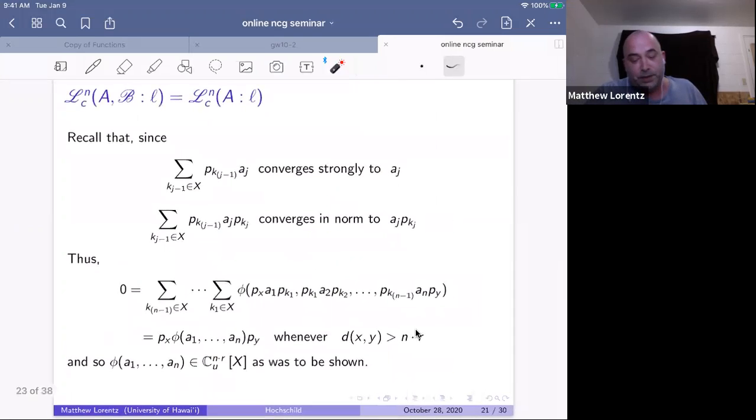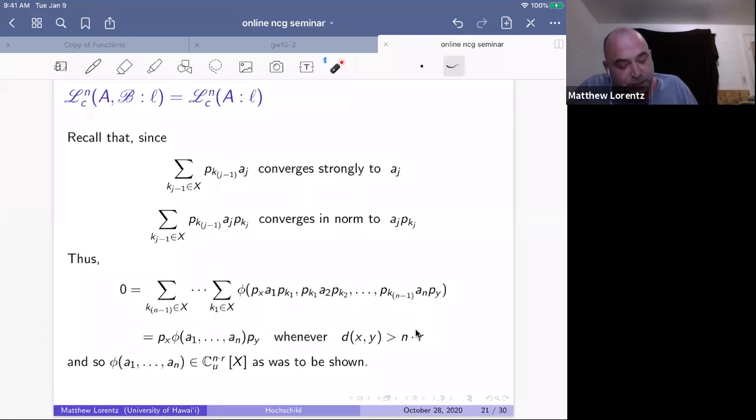So since this series converges strongly to the a_j, then if we put another finite rank operator on the other side, this rank 1 projection, say, then this is going to converge in norm. And since these are separately continuous, we'll just sum up over one of them and then bring it into the next coordinate using multimodularity, and then sum over the next one, bring it in using multimodularity.